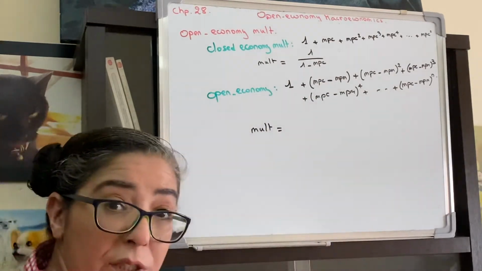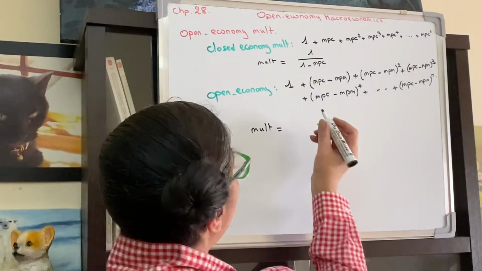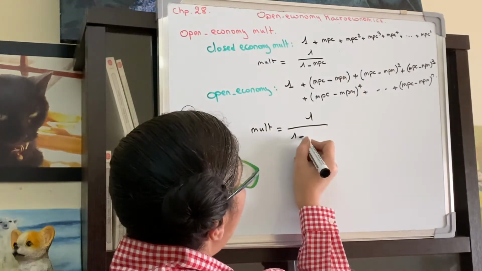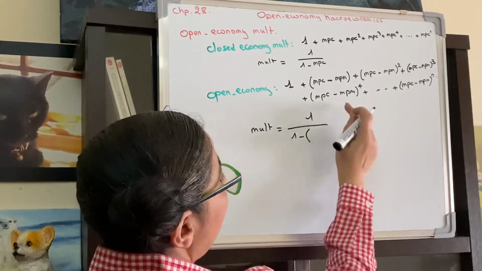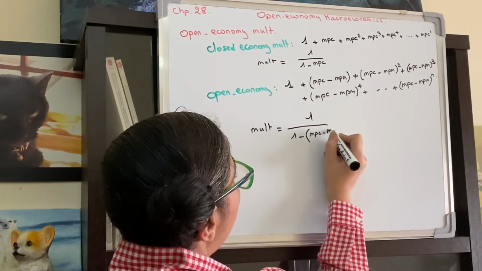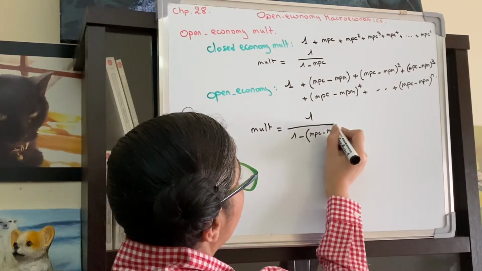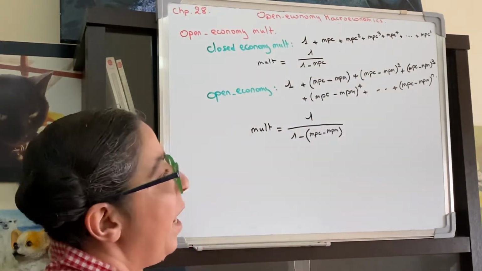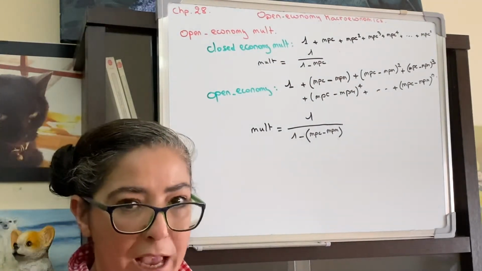Well, you know how to develop it now. You already saw it. 1 over 1 minus, and then between parentheses is going to be MPC minus MPM. Okay? Just replace MPC by MPC minus MPM.